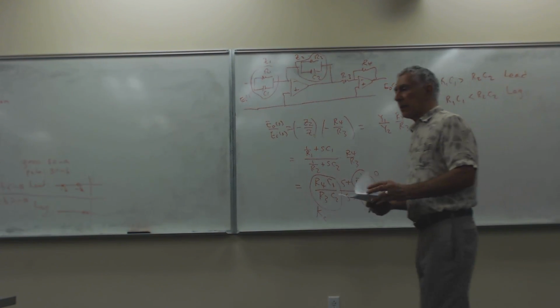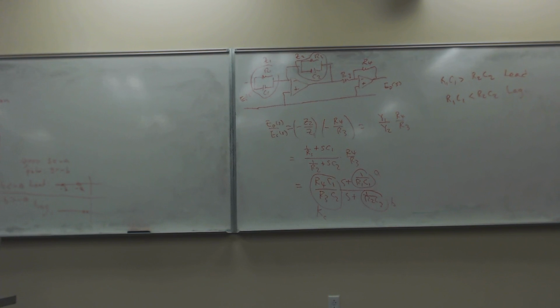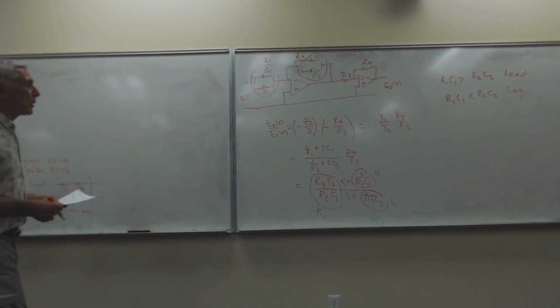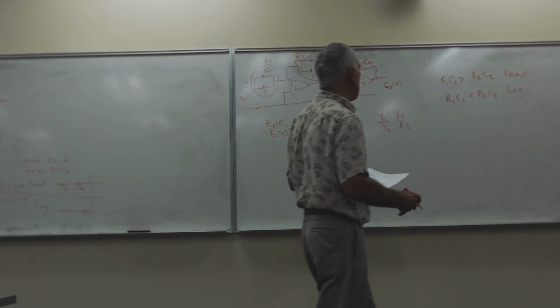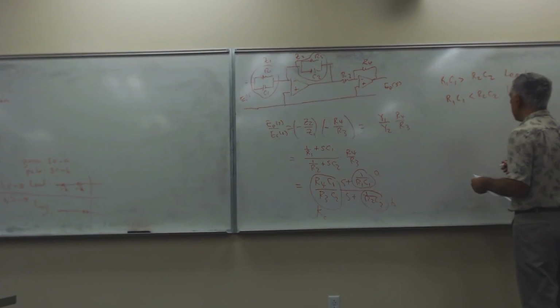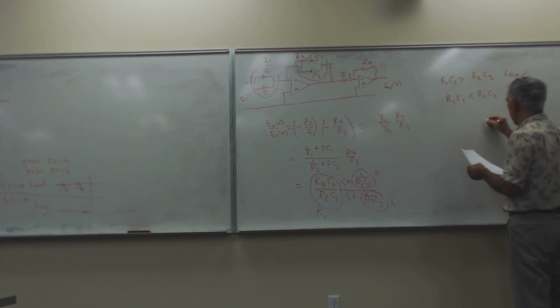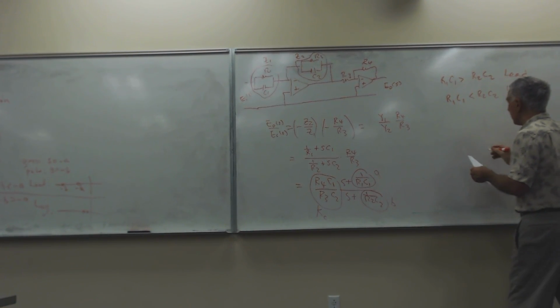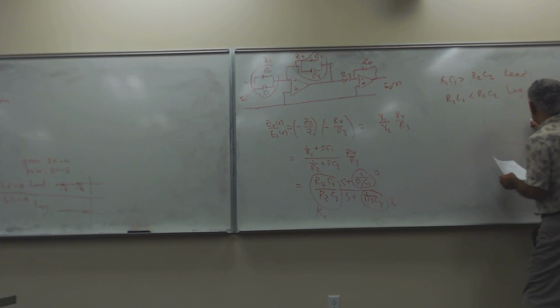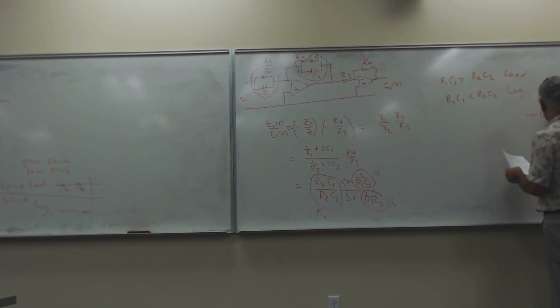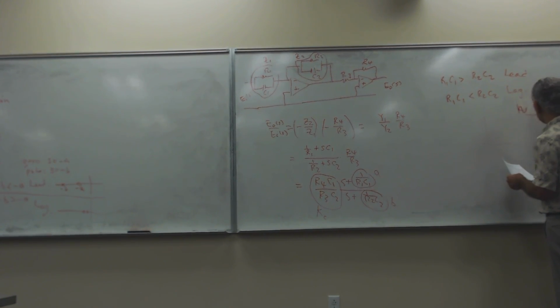Okay, so now we're going to talk about the effect of lead. The question is, why is it called lead compensator or lag compensator? If you have a lead compensator and you apply a sinusoidal input to it, the output here will lead the input.